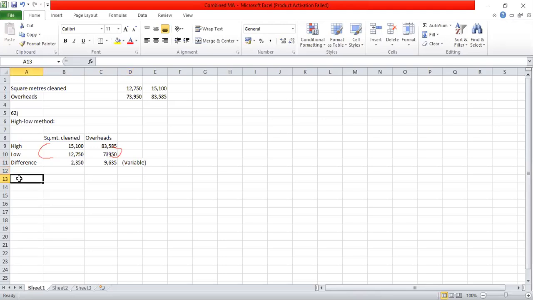Variable cost per unit will be 9,635 divided by 2,350. Check that out.